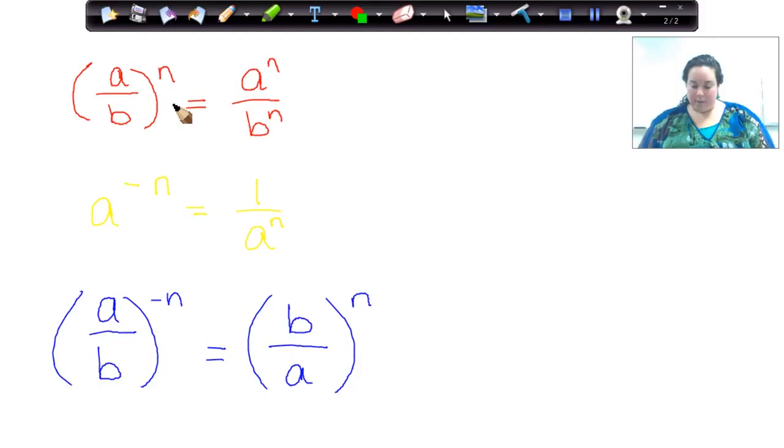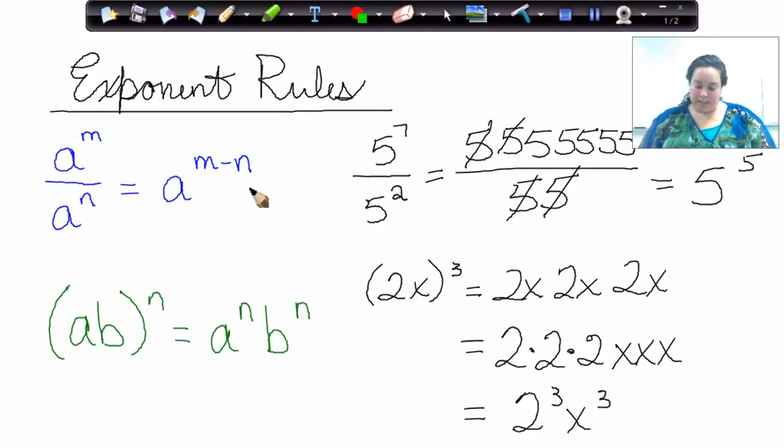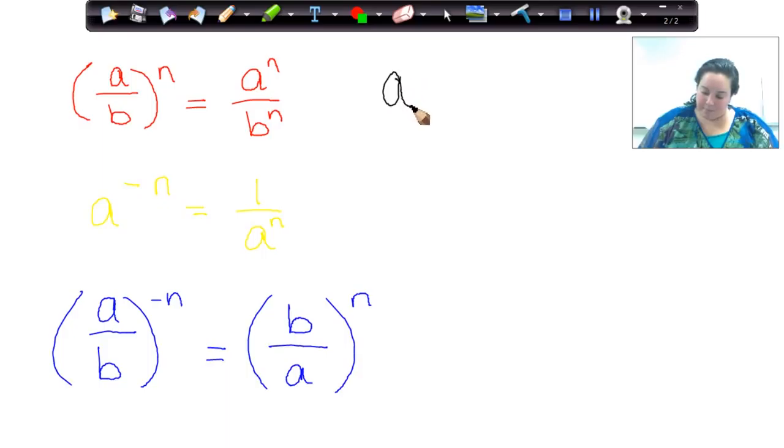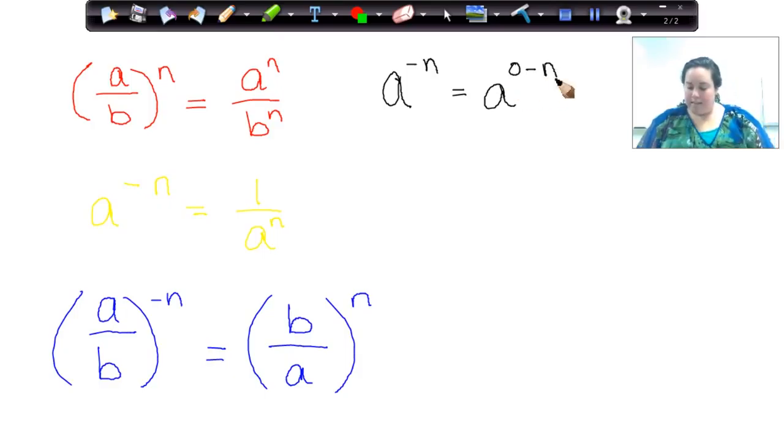So let's do it as if it were like this one, the subtraction. So remember that if we said a to the negative n, that's the same thing as saying a to the 0 minus n, right? 0 minus n is the same thing as negative n.